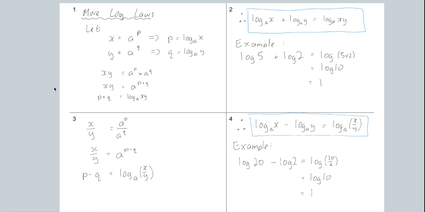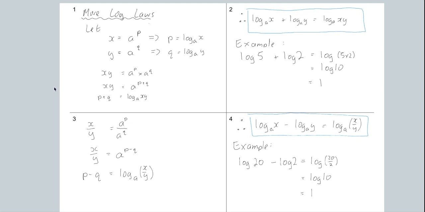So I wasn't going to go through this properly, but I'll add it to the notes later. I'm just verbalizing it for the video right now, and that is that you do have one more important relationship. If you take x to the power of n, that would be a to the power of p, to the power of n.